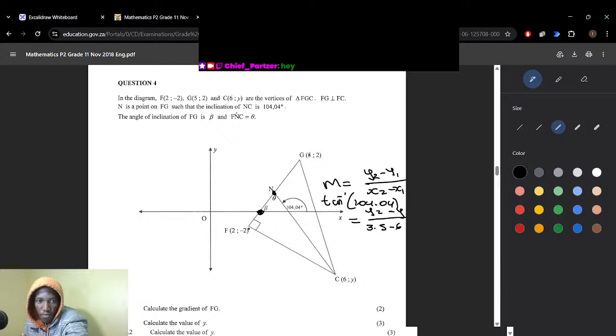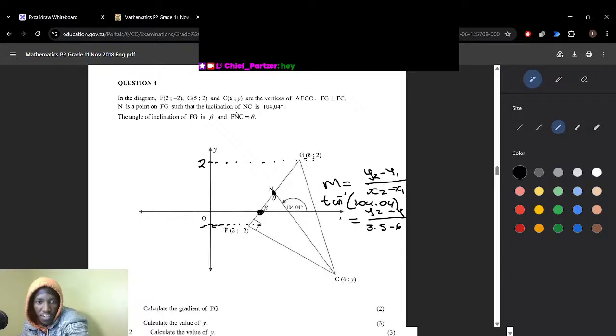Just to prove to you that this is really so, this will be minus 2, right? But this point here is 2.